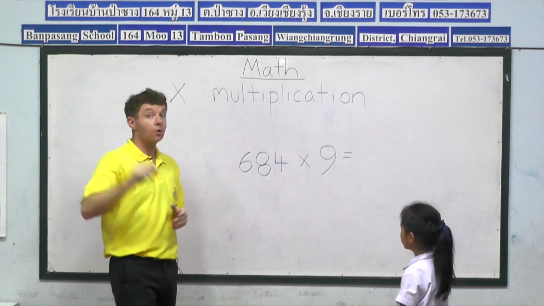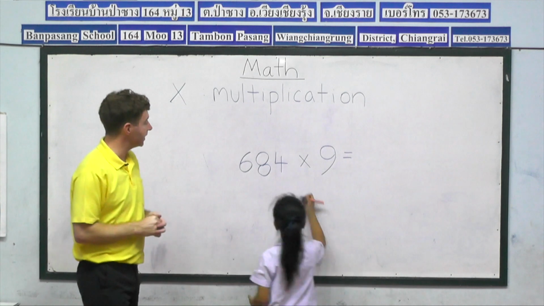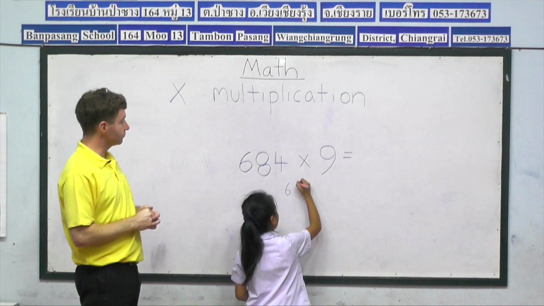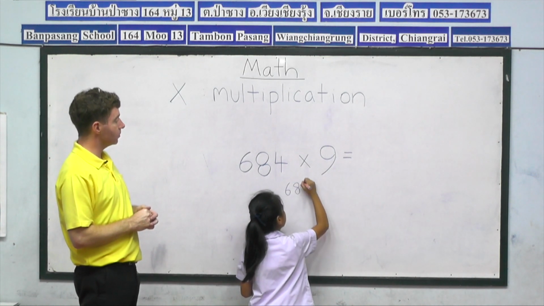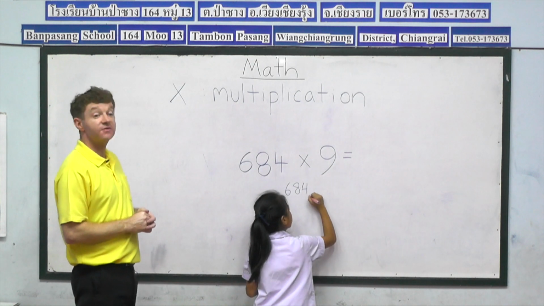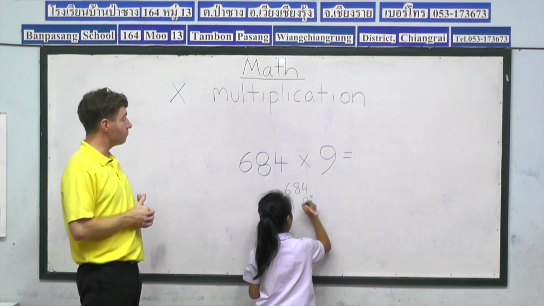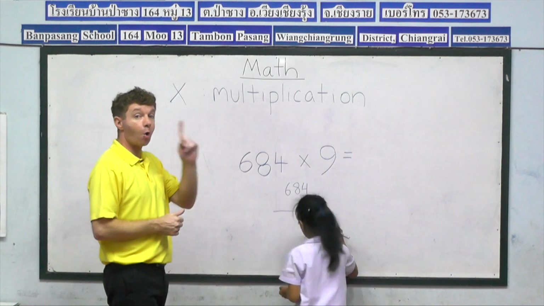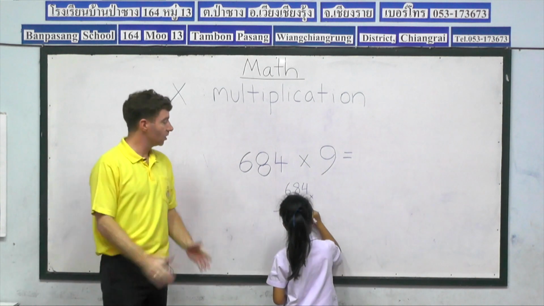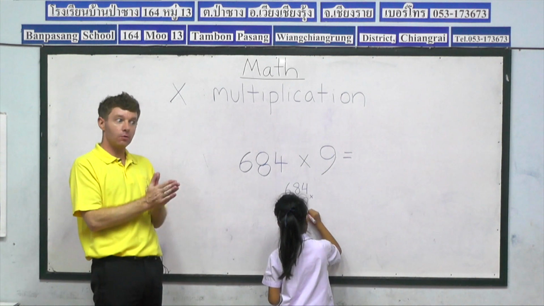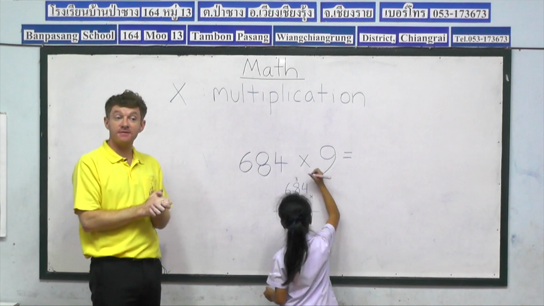So step 1, organize. We need our table. 684 times 9. And now we're ready to begin. Remembering, always start with the ones. So 9 times 4 equals 36. So what do we do?